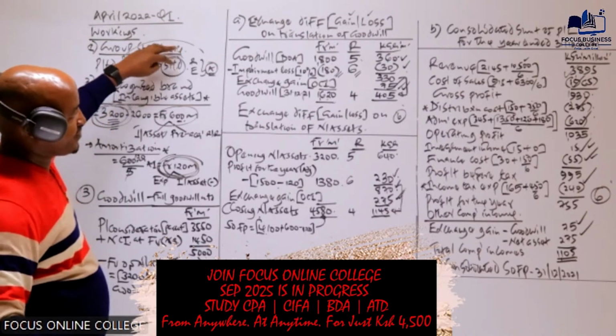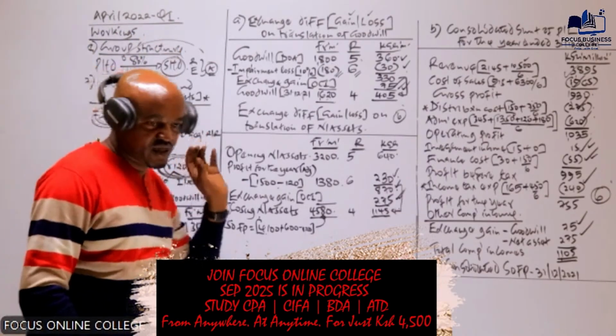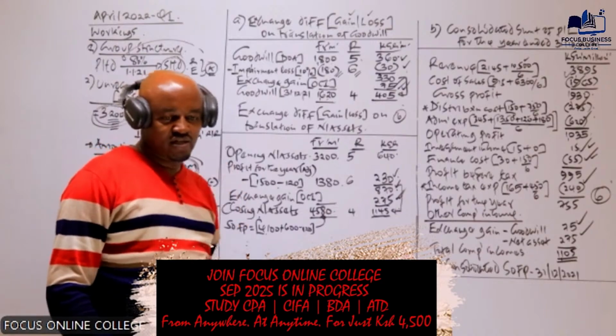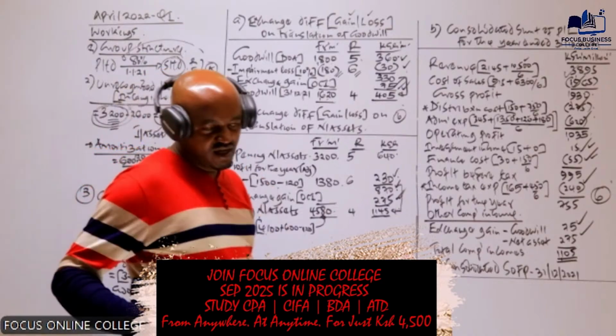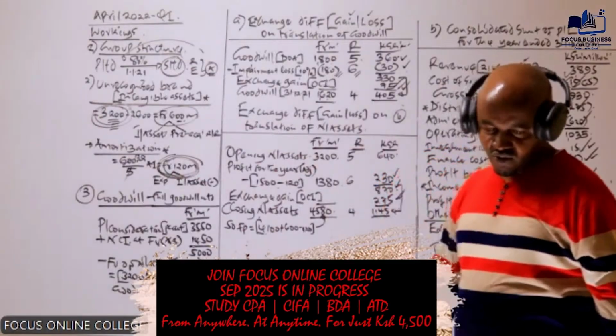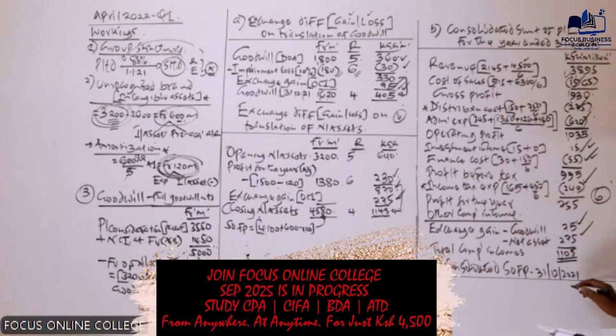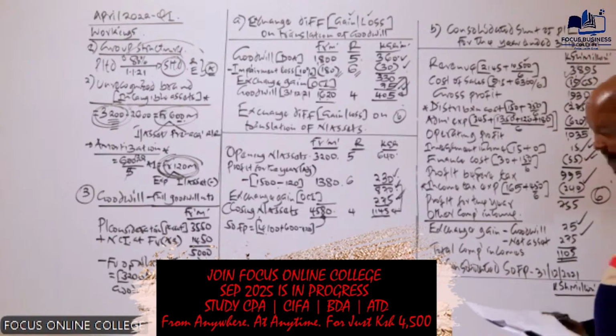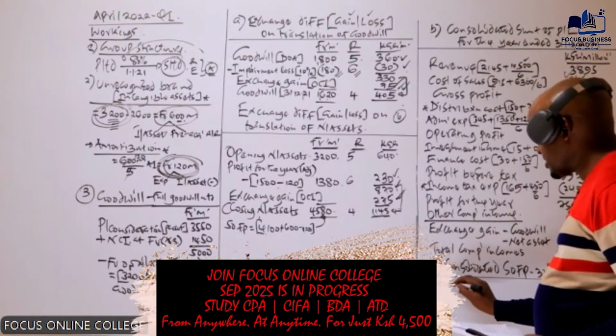We translate them into presentation currency using the closing exchange rate. The closing exchange rate. That is what is important here. So we will start with the non-current assets, and remember our figures here will be in Kenyan shillings.